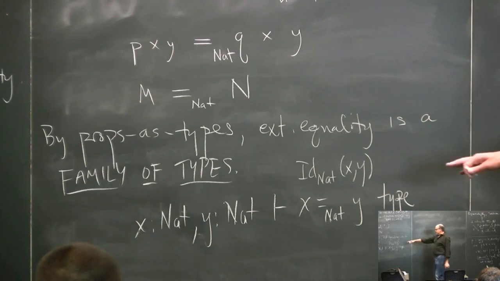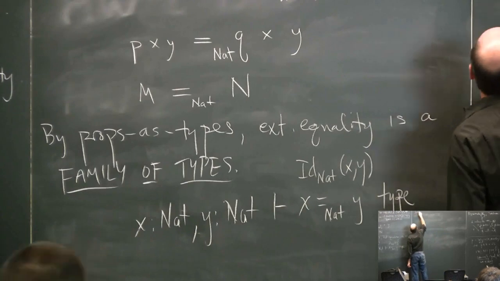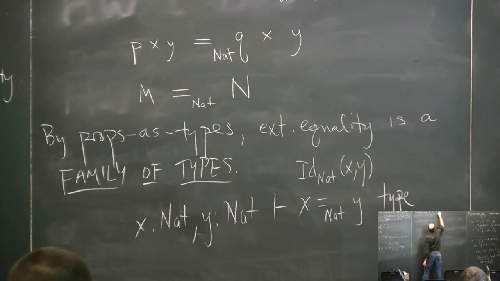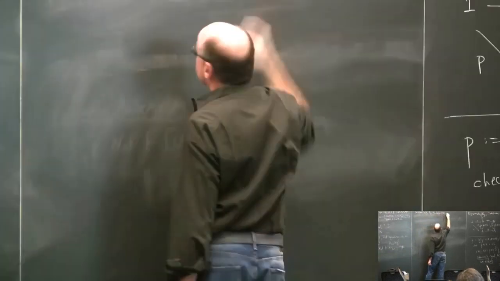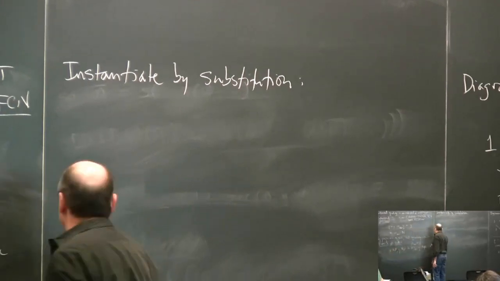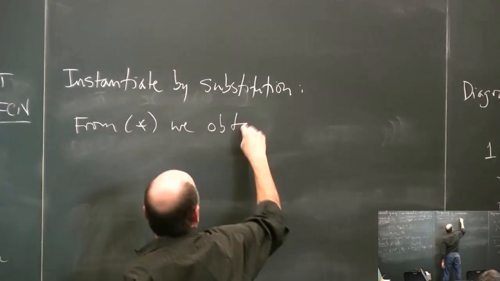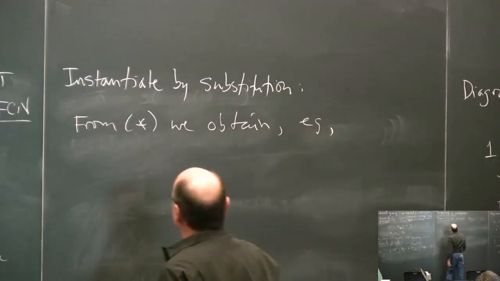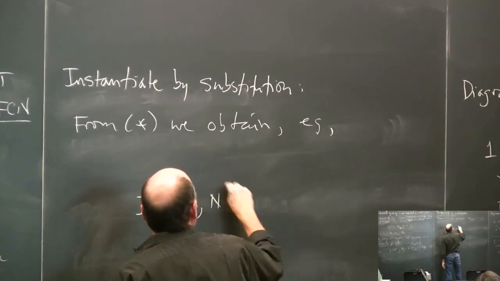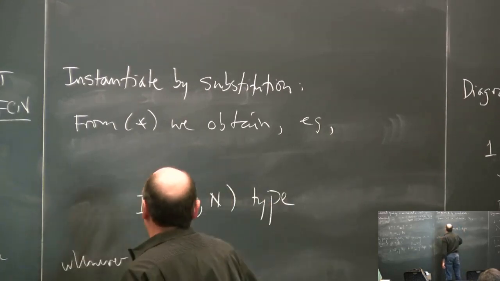Now, the significance of having a family of types like that is that I can instantiate by substitution. So, for example, let's call that star. From star, we obtain the following: id A, M, N is a type whenever M and N are in NAT.